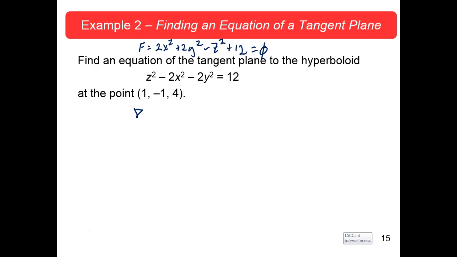Okay, so what I did, I moved everything to the right-hand side to make my 2x squared positive, 2y squared positive. That made the z squared negative, but left the 12 positive. That's the thing I'm taking the gradient of. And this will be a vector, that's why I do this. At the point (1, -1, 4).